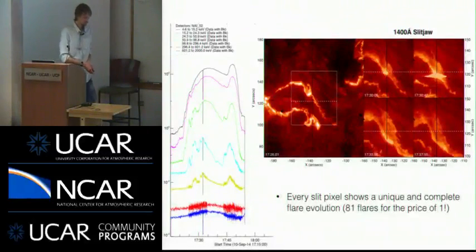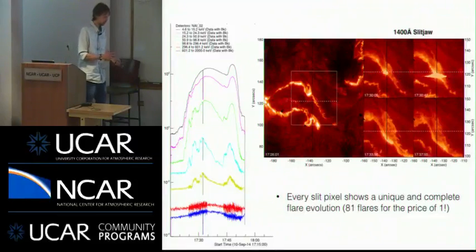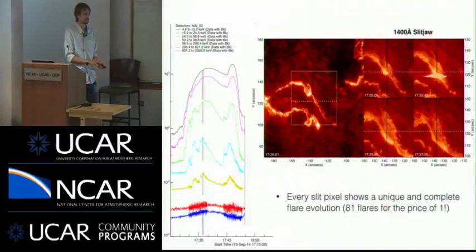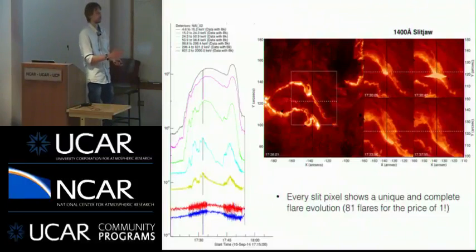If we look closer at this raster, if we take a small section of this, this is the best thing about this observation. I'd like to thank whoever was running the planning this day. It's really one of the perfect ones we've got. Not only do you get this cadence across the ribbon every 10 seconds roughly, we also have the fact that the ribbon is moving along the slit.